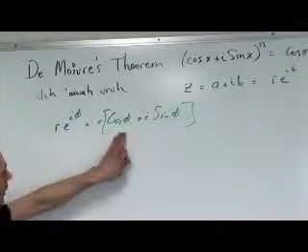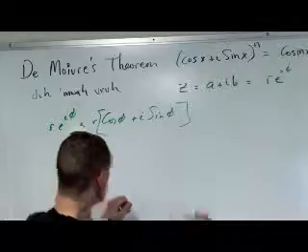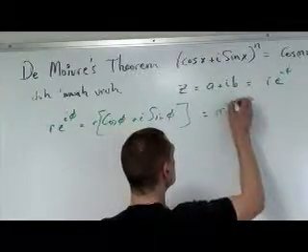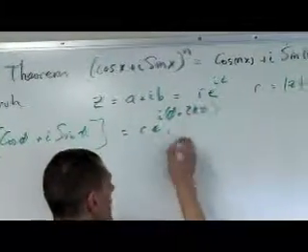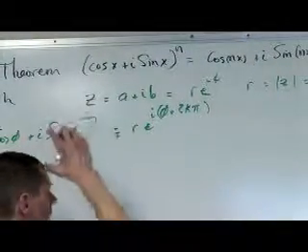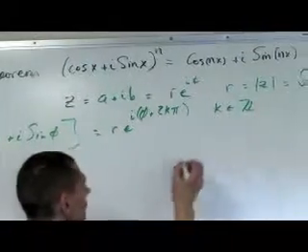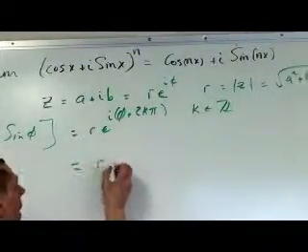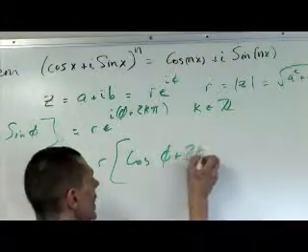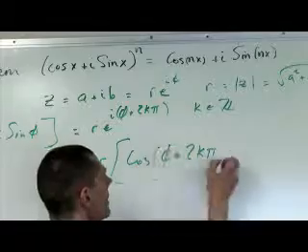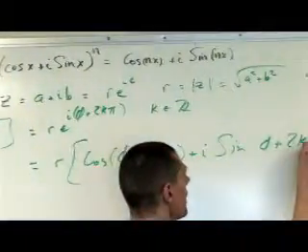But we know that cosine and sine are periodic with period 2 pi, so this is still equal to r e to the i (theta plus 2k pi), because it has to hit everything, where k is an integer, and this is of course the same as r cosine(theta plus 2k pi) plus i sine(theta plus 2k pi).